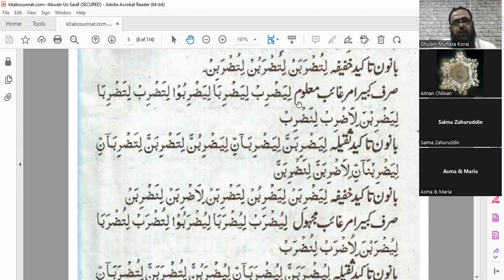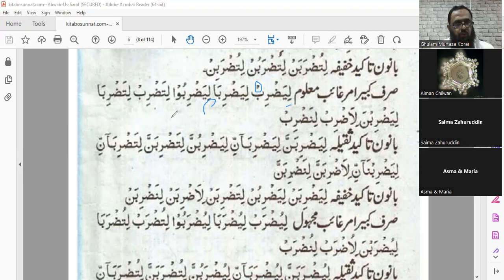The lam of amar is to be brought at the beginning, and the last harf, that is kalimatul lam, is to be majzoom. If there is musanna, the noon is dropped for musanna mudhakkar ghaib and musanna muannath ghaib, but the noon of Jama Muannas Ghaib will remain as it is, right?